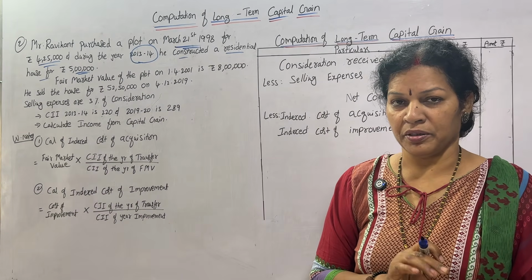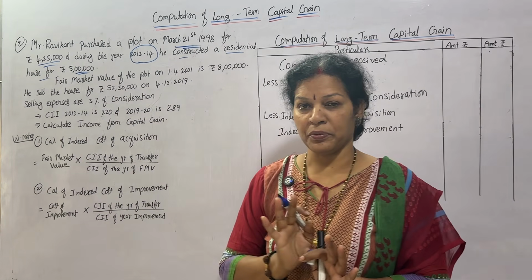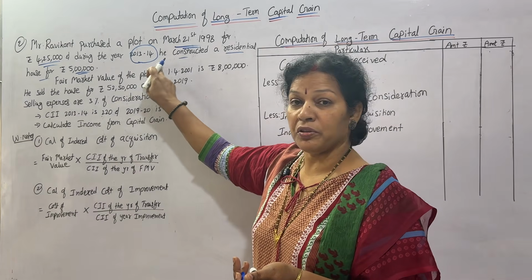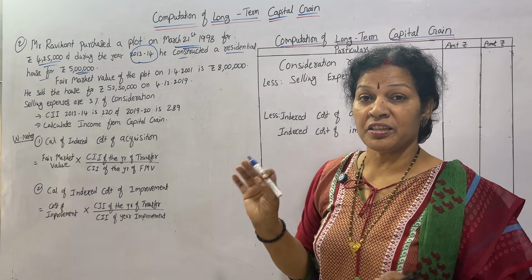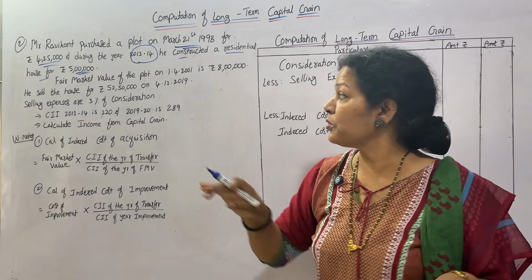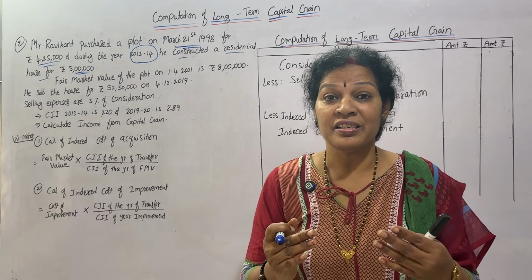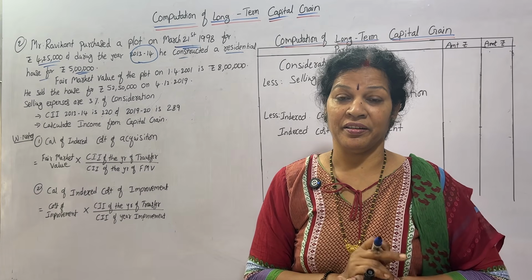Very important point: actual cost is 4,25,000, but in the year 2013 to 14, he constructed a residential house for 5 lakh rupees. This is improvement.